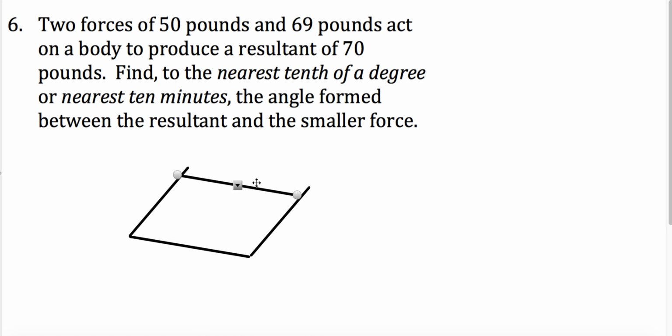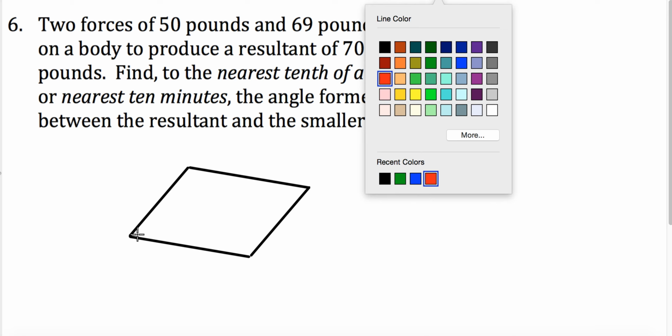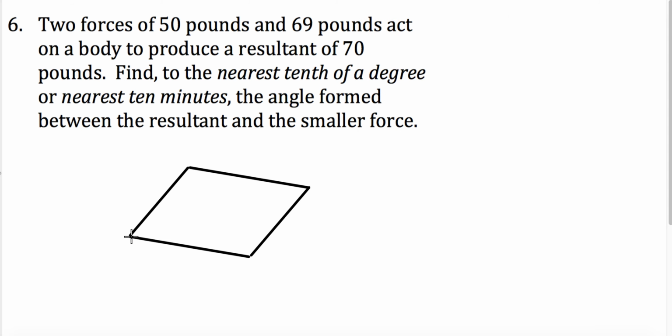And then all right, I'm going to mark the resultant with the red color. So here we get, this is 50, this is 69, that means this is 69 as well, and then this is 70. And then they want us to find the angle formed between the resultant and the smaller force, which is this one. So that's theta.